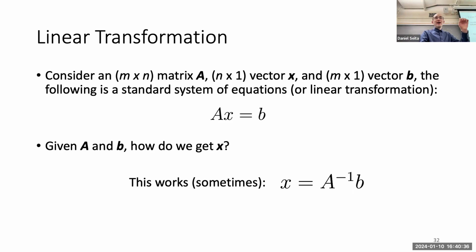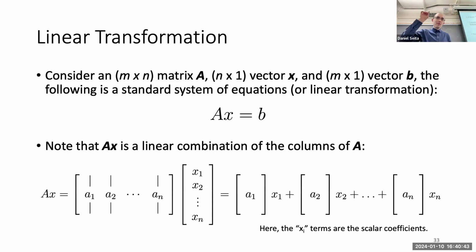And also one thing that I find helpful when I think of AX equals B is I often have a mental model of the columns of A. So whenever we have A times X, you can think of A as just a bunch of column vectors. And the x here, again, is just a column vector with a bunch of scalars inside.